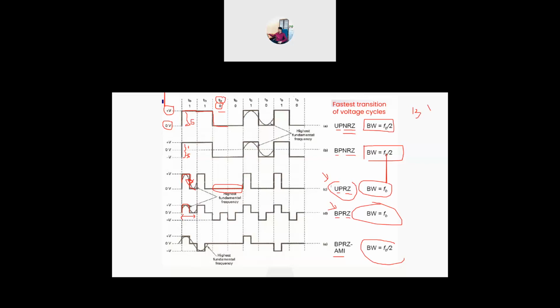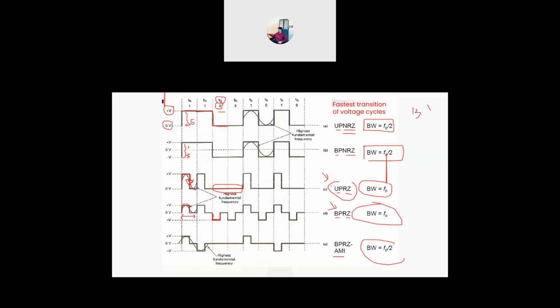You go to negative and go back to 0. This is for the bipolar RZ. The difference is that in the unipolar RZ, the 0 is just the absence of pulse, like a straight line with 0 as the minimum, because it is unipolar. But for the bipolar RZ, for the 0, the pulse goes down to the negative amplitude, and then needs to return back to 0 before the end of each bit interval.